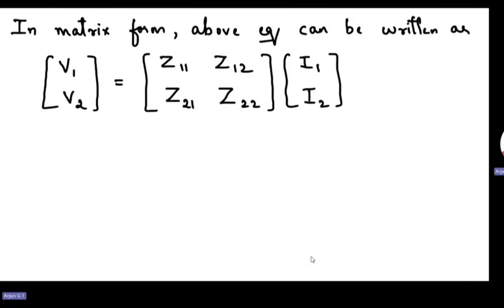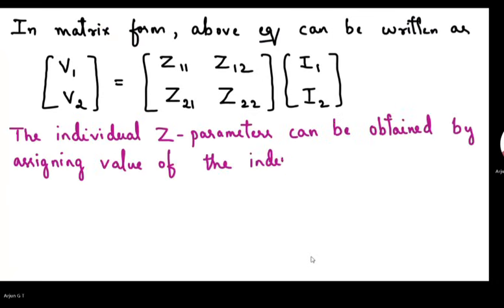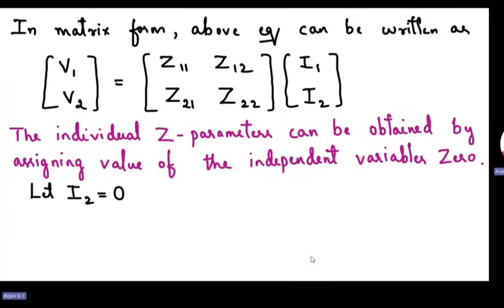To obtain the Z parameters, we have to assign the independent variables as 0. In the case of Z parameters, I1 and I2 are the independent variables. First, I will take I2 equal to 0. I2 equal to 0 means port 2 is open circuited, since the current is 0.